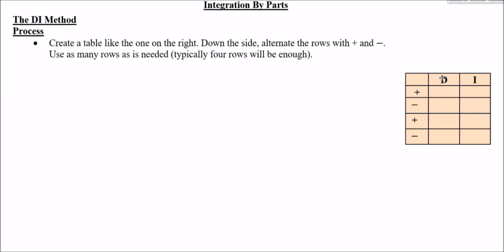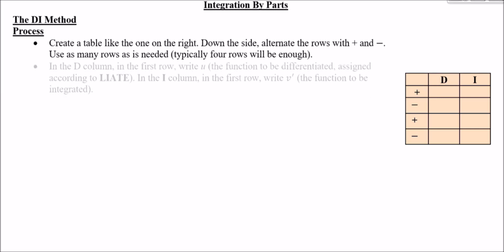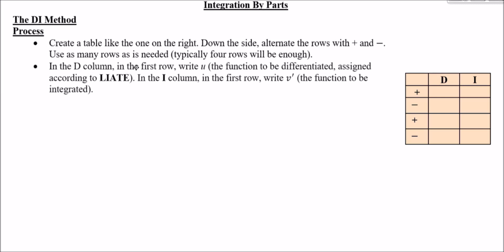So what does D stand for? What does I stand for? You can probably guess, but essentially in the D column, in the first row, you put down u, and that's a function to be differentiated, hence D. And we assign D according to the LIATE acronym. In the I column, in the first row, we write the v dashed function. In other words, v dashed is a function we're going to integrate.